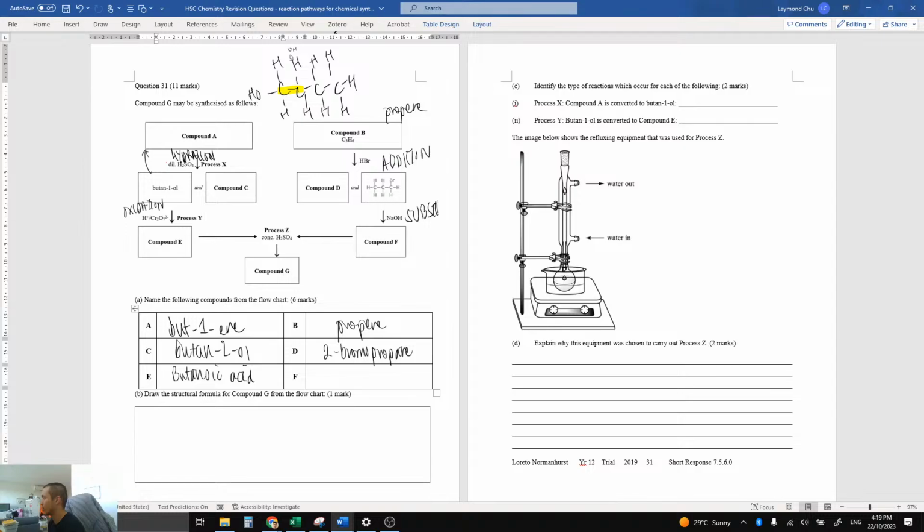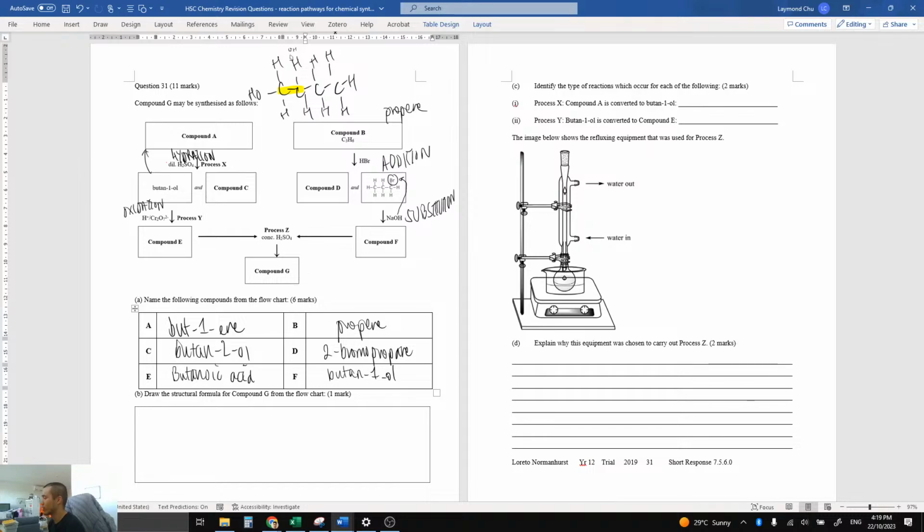F is a substitution reaction. How good? We've got one of everything. Love these questions where they just give you all the different types of reactions. So it's a substitution of this halogen there. So what you get is the substitution of your OH, so what you get is our butan-1-ol.